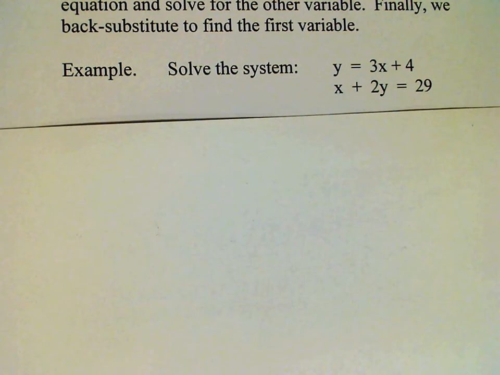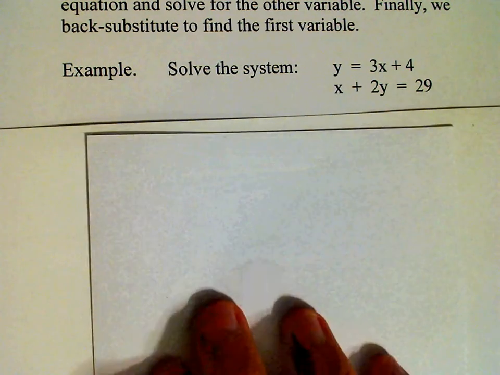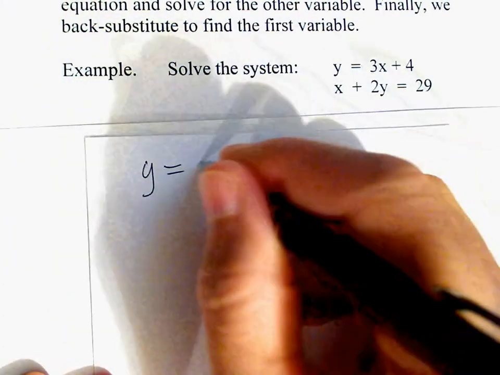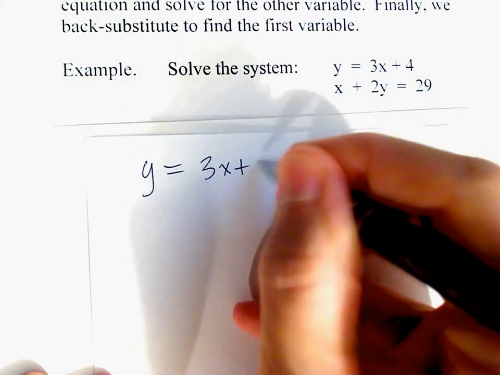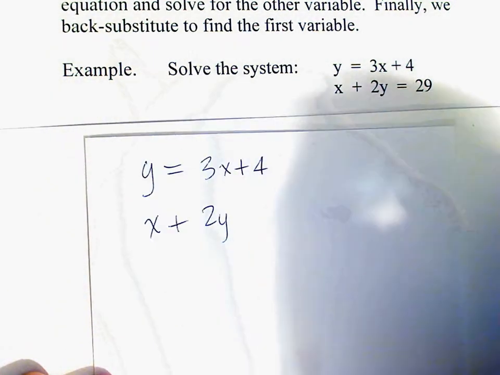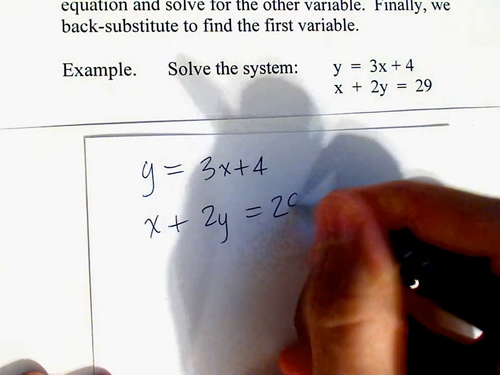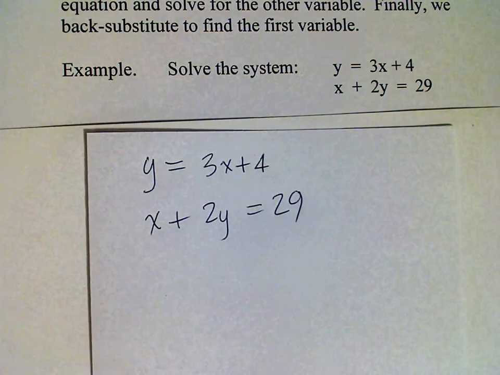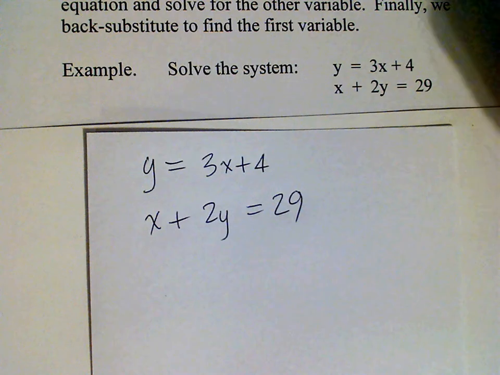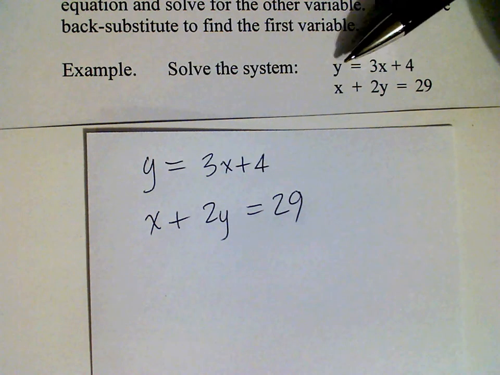Okay, so let's turn our attention to this example here. We have y is equal to 3x plus 4 and x plus 2y is equal to 29. Why is substitution going to be easier here? Well, because the first step is already taken care of, isn't it?